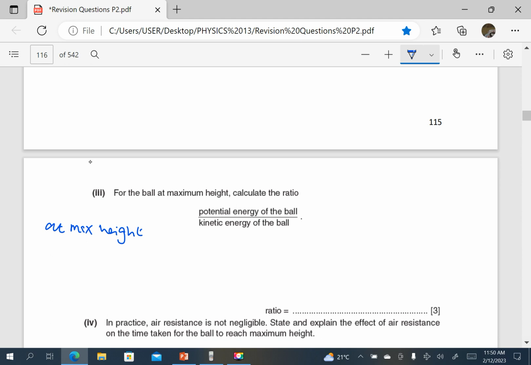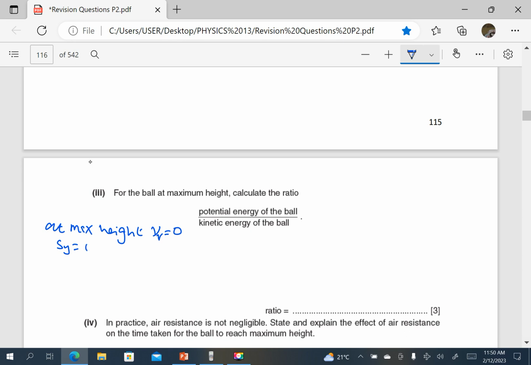It means the only velocity that we have is that in the horizontal. And remember, velocity in the horizontal, from s equals ut plus half at squared, the acceleration in the horizontal is 0. So at maximum height, velocity in the vertical, vv, is going to be 0.